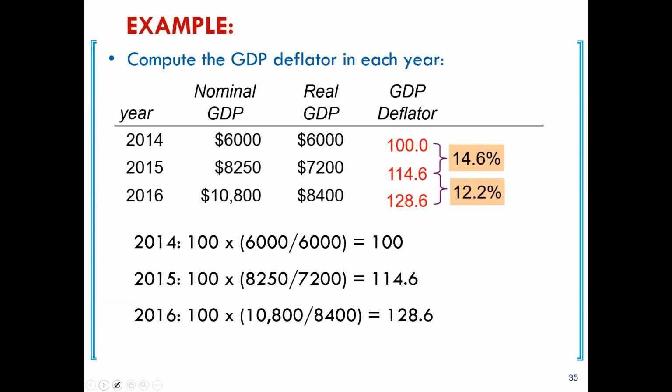We can see that in terms of percentage change, the GDP deflator increases by 14.6% between 2014 and 2015, and it increases by 12.2% between 2015 and 2016.